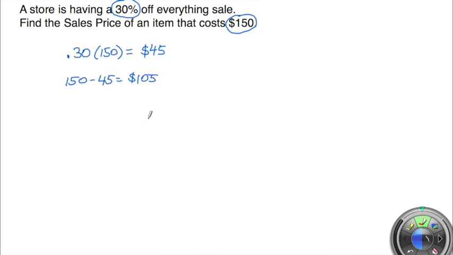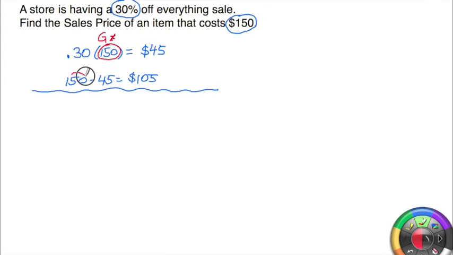All right, so the other way of doing it is what I consider the one-step process. Let's look at it algebraically. So wherever you see this 150, the price could be anything. So we're going to replace that with, let's do G. There's a reason for using G later on.